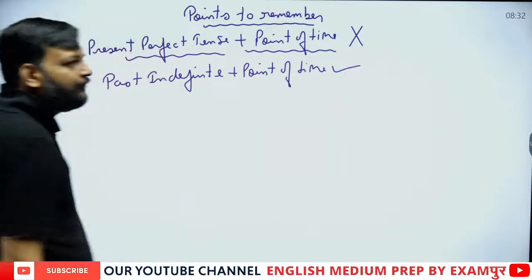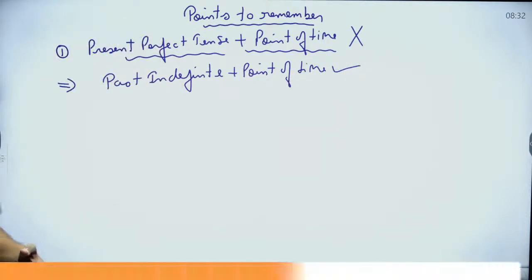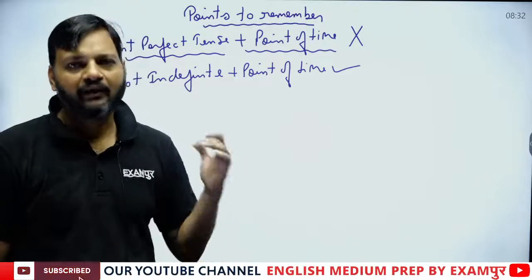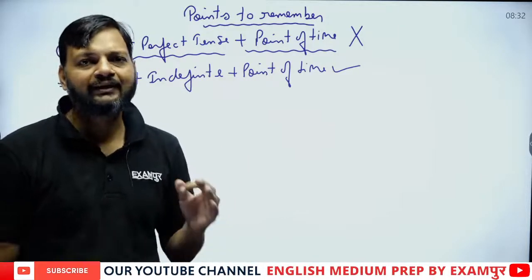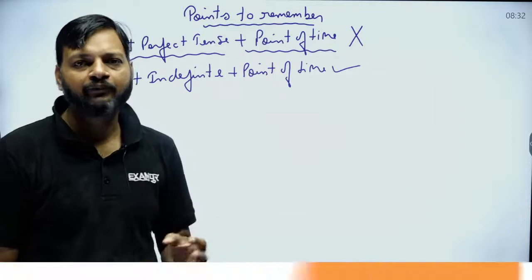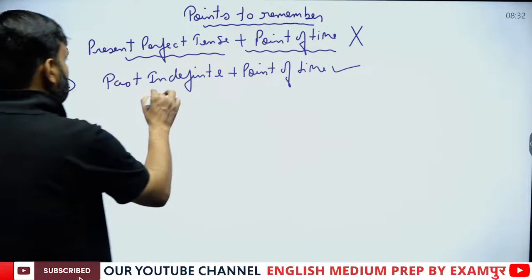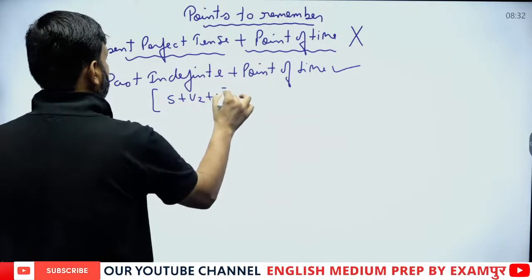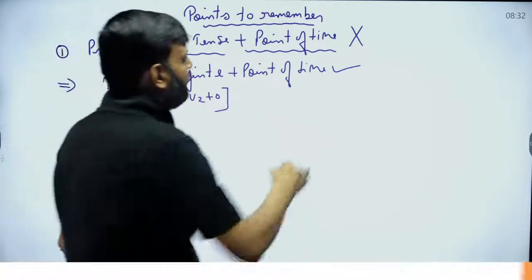If you have a present perfect tense which has point of time tagged with it, the sentence would be wrong and it needs to be changed into past indefinite tense. Past indefinite means subject, second form of verb and object. This is past indefinite.